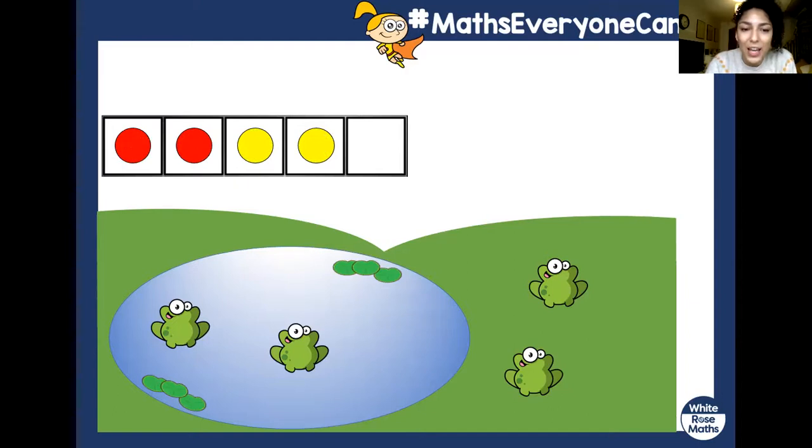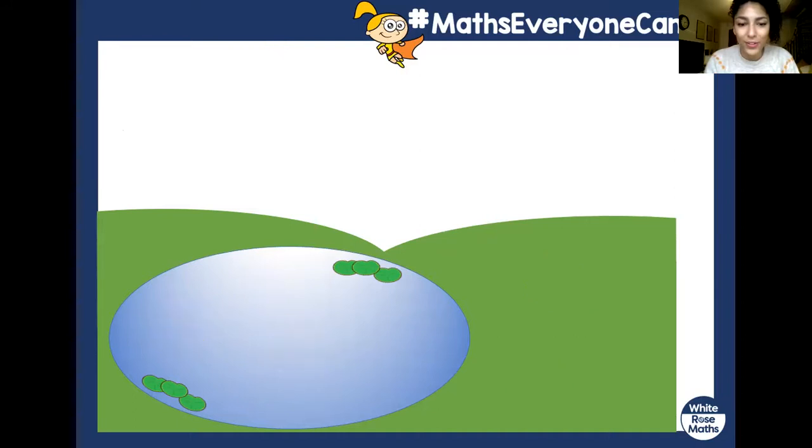Careful counting. 1, 2, 3, 4. Fantastic. Good job, children. There are 4 frogs altogether because, do it with me on your fingers, 2 and 2 make 4. 4 altogether. Fantastic. And there's the number 4.